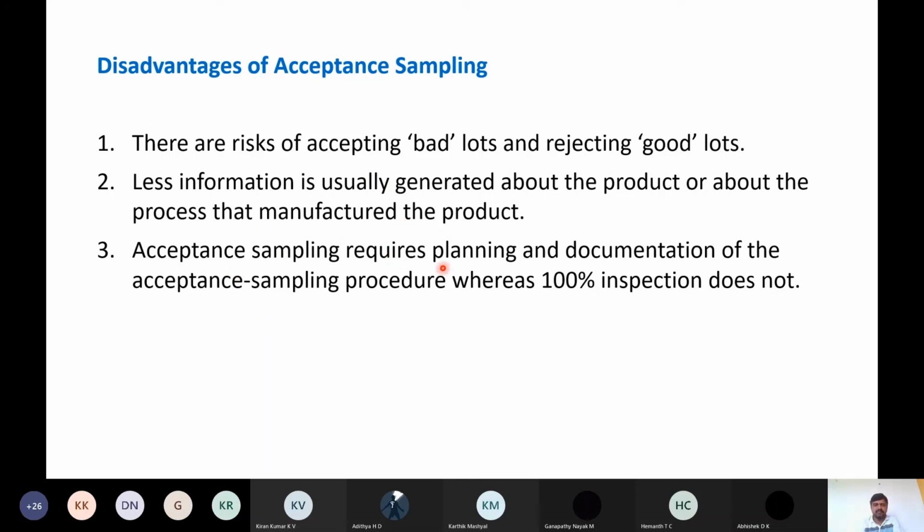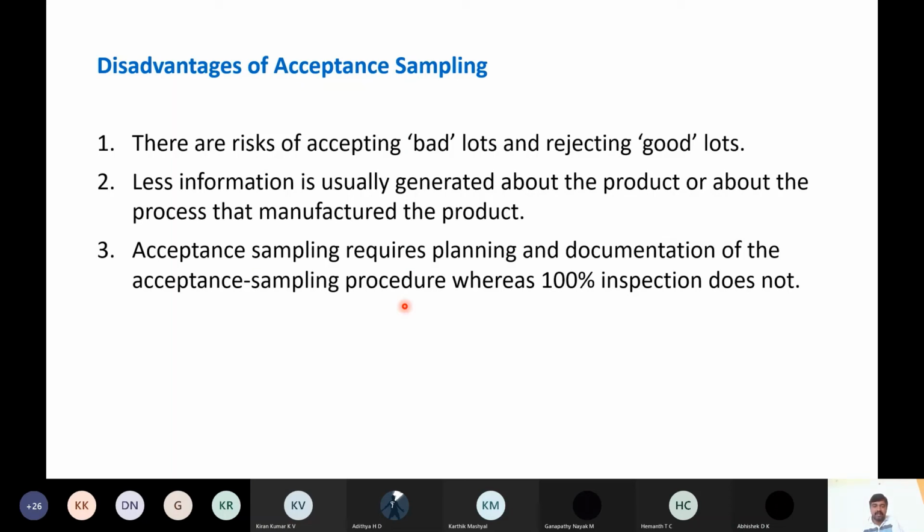Acceptance sampling requires planning and documentation of the acceptance sampling procedure, whereas 100% inspection does not. Here you have to make a decision: what should be the sample size? If out of 1000, whether to pick 10 or 50, and what is the approach for selecting those 50, so that it is a random selection?